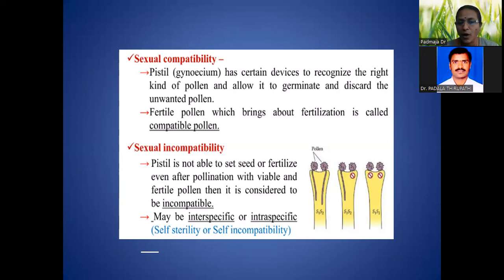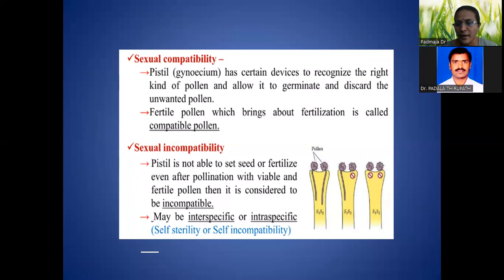So fertile pollen which brings about fertilization is called compatible pollen. That means a number of pollen grains will fall on the stigma, and the one which is fertile and helpful for fertilization will germinate. So such sexual compatibility will be seen.